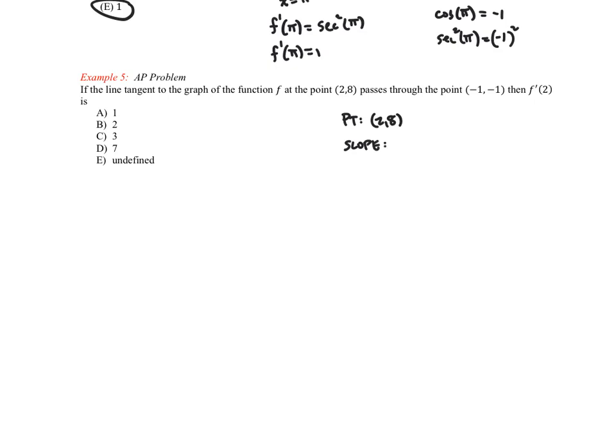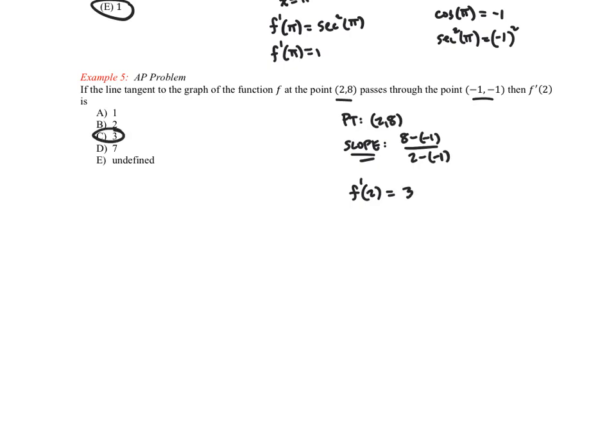We don't have a function, but we do know two points that the tangent line goes through, so the slope will just be 8 minus a negative 1 over 2 minus a negative 1. Therefore, f prime at 2 is equal to this slope. That slope ends up being 9 over 3, which equals 3. That was a nice one.